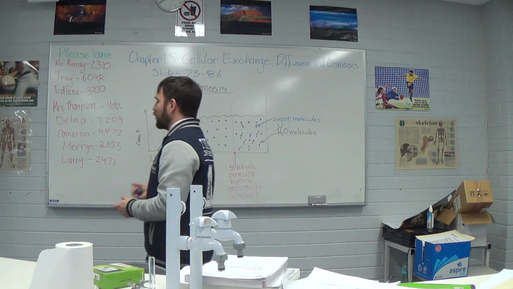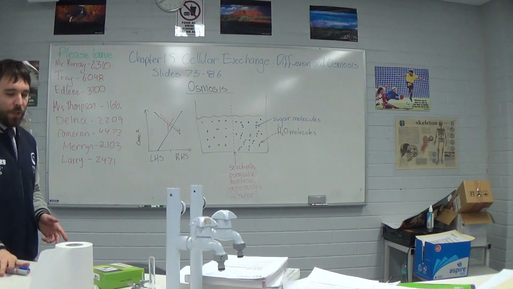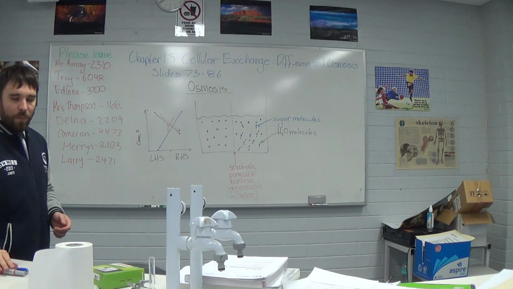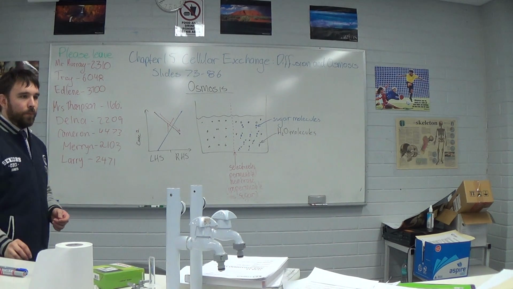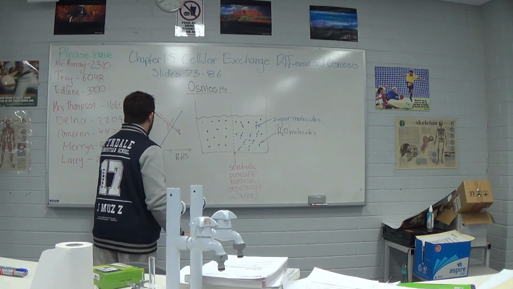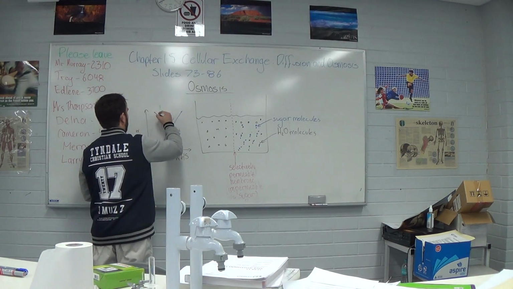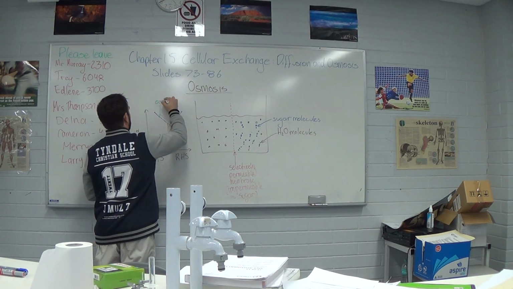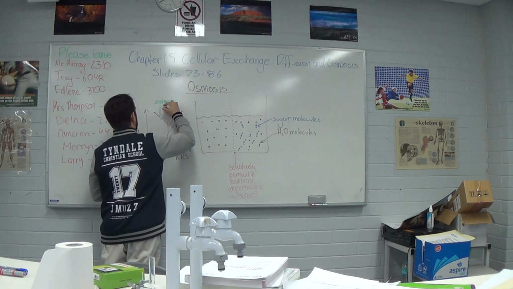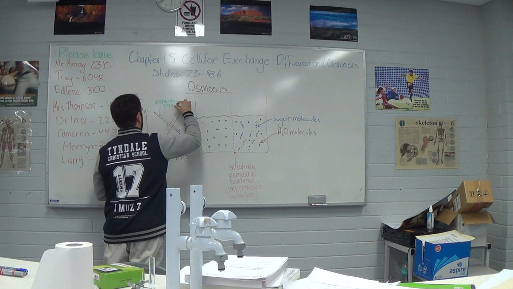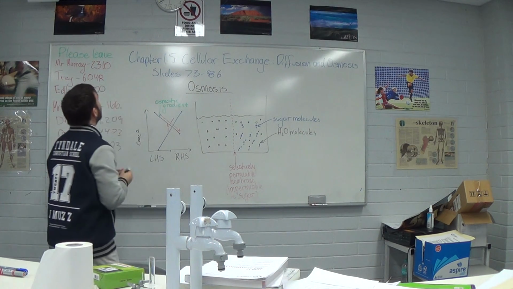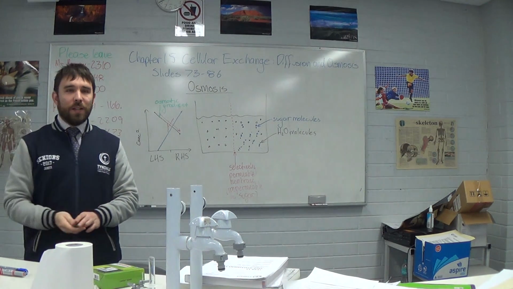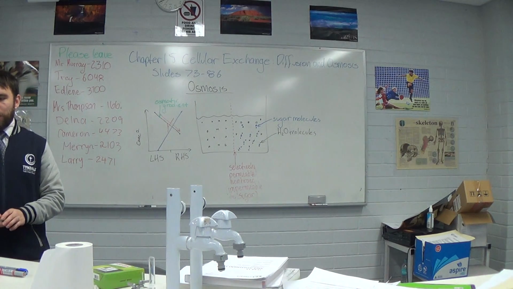So water molecules move down their own concentration gradient, and we call that the osmotic gradient, because it's what causes osmosis. And the force with which it does that is called osmotic pressure.